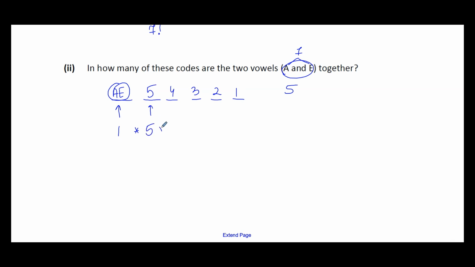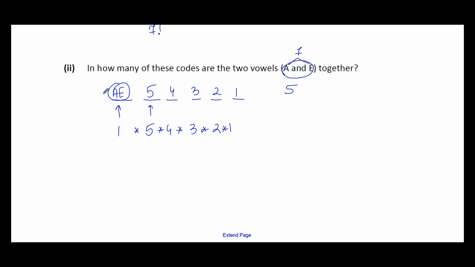However, the difference we have to consider now is that AE can be here, and here, and here, and here, and here. So altogether it has 6 spaces.